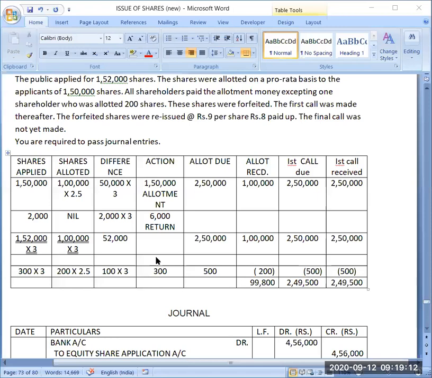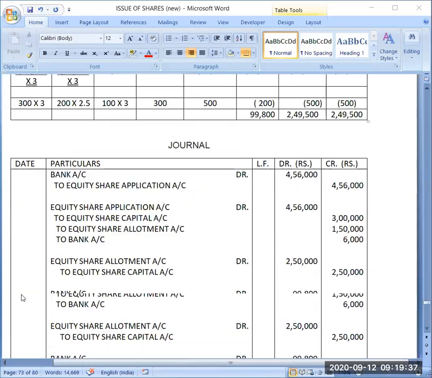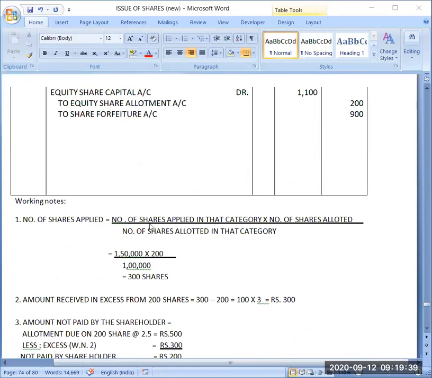Okay, so in this manner, as we have calculated this pro rata allotment calculation, in the same process, in the same steps, in the same manner, we will be calculating this table for 200 shares. So first step, first working note, was that we calculate the number of shares applied. That was the formula, because I want to calculate the number of shares applied.